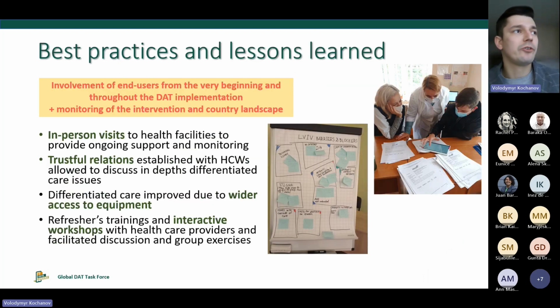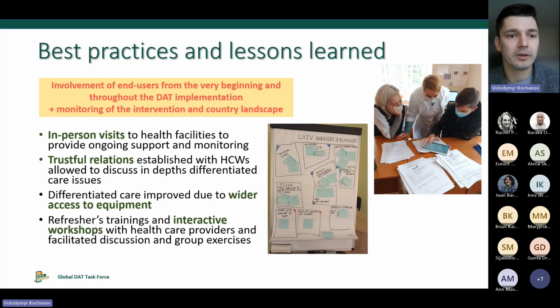So what we did to try to address these challenges, and I would like to start with the key message, which is that we need to involve the end users from the very beginning and throughout the digital adherence technology implementation, and make them feel ownership of the DAT intervention, make them feel not the end users only, but also the developers of the digital adherence technology intervention.